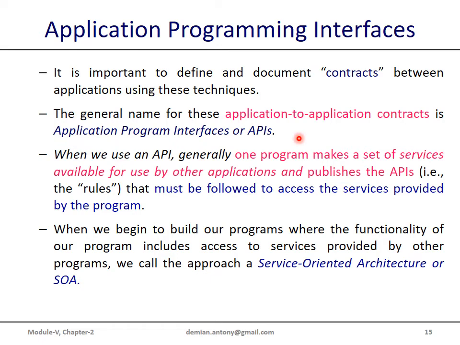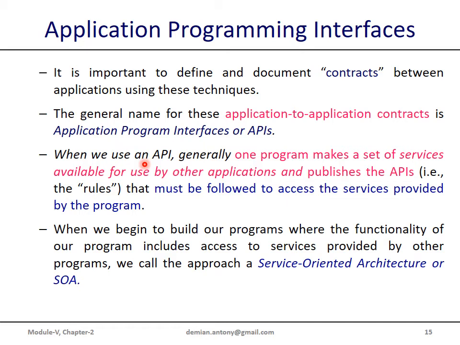These are the contracts, the set of rules which are to be followed by the applications in order to have fruitful, spontaneous and continuous communication. Whenever we use an API or a contract, one program defines a set of services and makes it available over the internet for other applications.